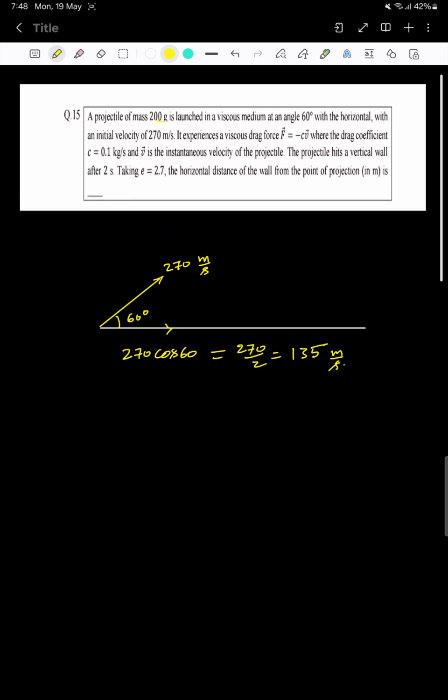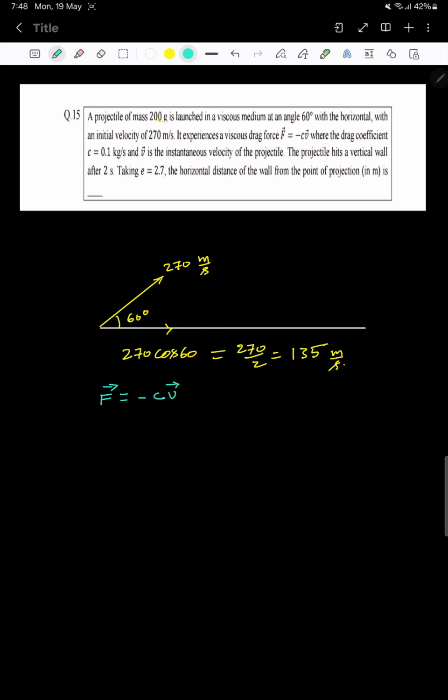Here the viscous drag is acting along the horizontal direction and it is opposite to that of the velocity. What they have given is the viscous force is negative of some constant times the velocity.